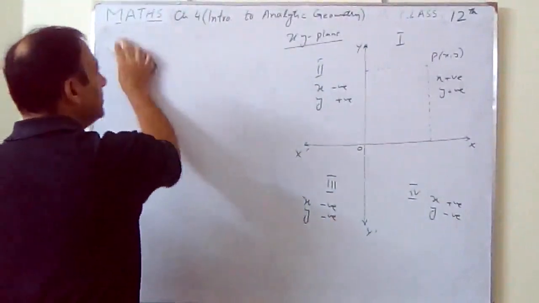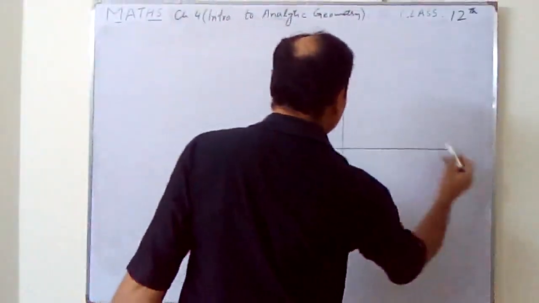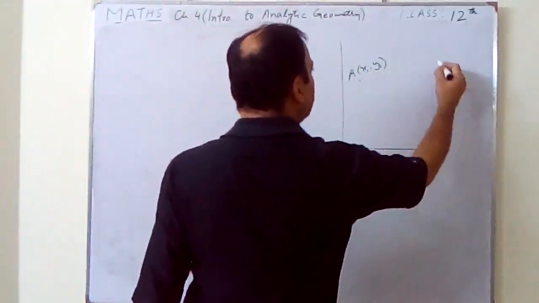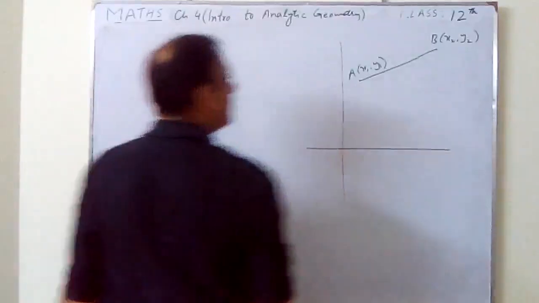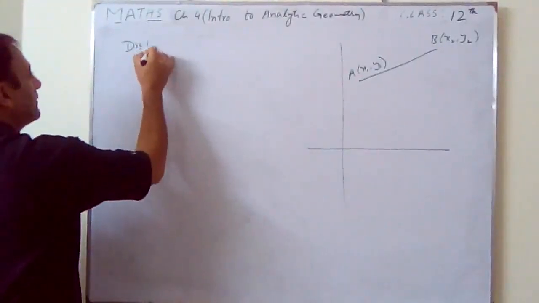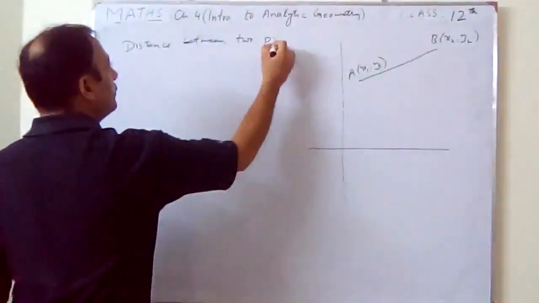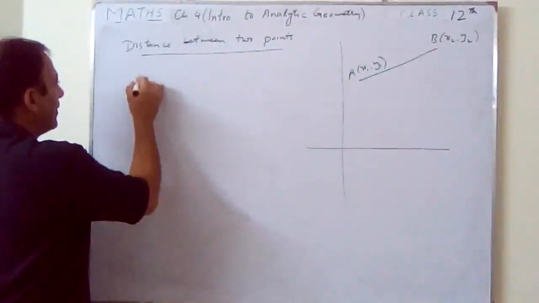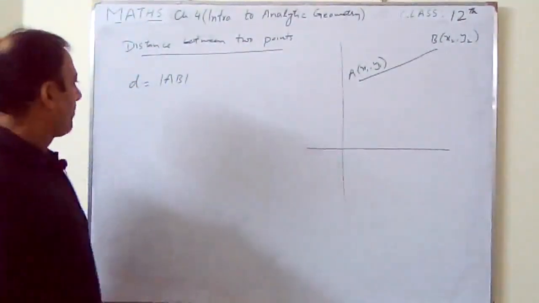And the second thing that you have already studied. For example, we have point A (x1, y1) and the other point B (x2, y2). So the distance between two points is called D. This is the symbol for distance, the absolute value of AB.